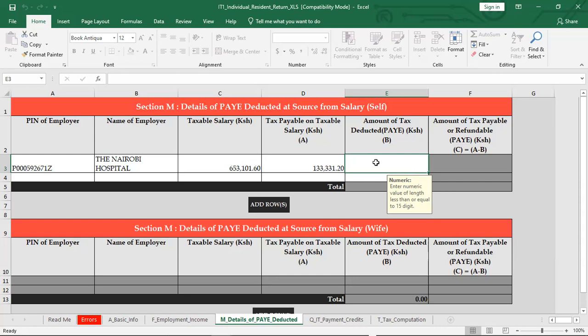Very important point. Are we together? Yes. So you get the total huko chini, it is 108,104,531.20.